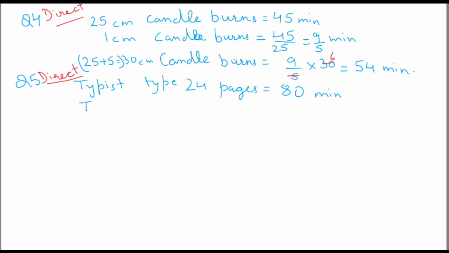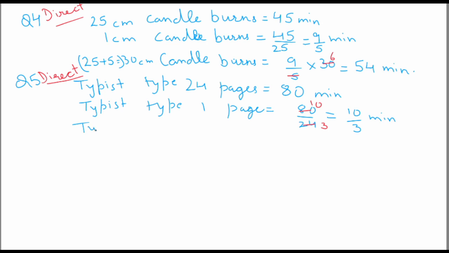So typist types one page in, first we'll divide it, 80 by 24. Both can be divided by the table of 8, 10, 3. So to type one page he needs 10/3 minutes.